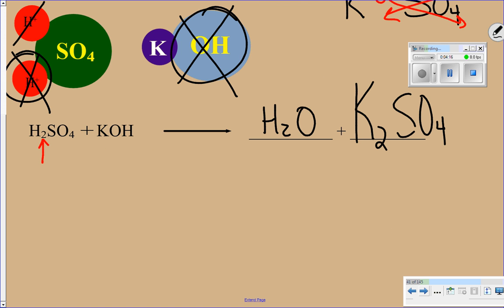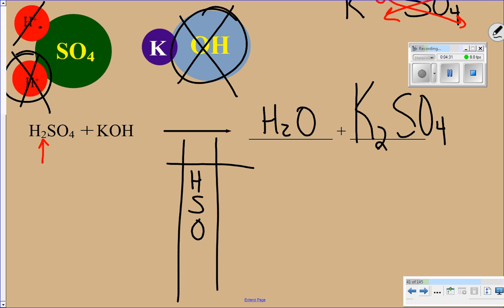So when we go to balance this, because really at this point we actually still have an excess H+ up here, and as you can see we have a 2 by the K that isn't really accounted for on the other side. So I'm going to set up a balancing table: H, S, O, and K. On my left hand side I have 2 hydrogens right here, plus 1 hydrogen right here, giving me a total of 3.